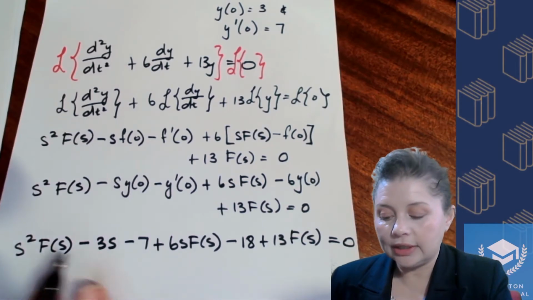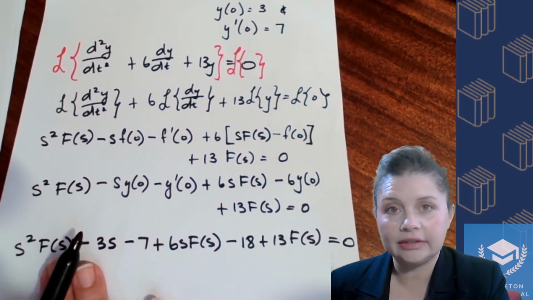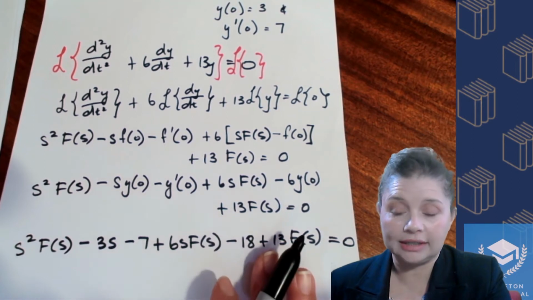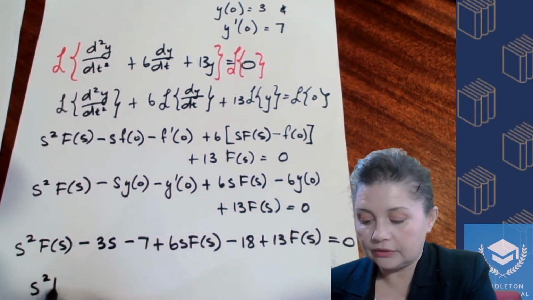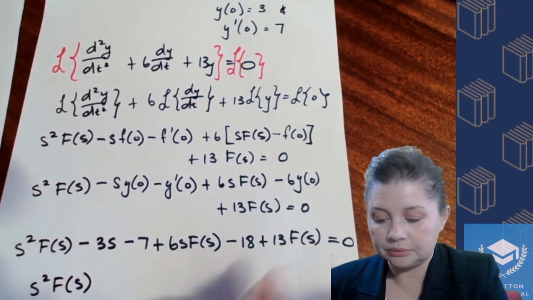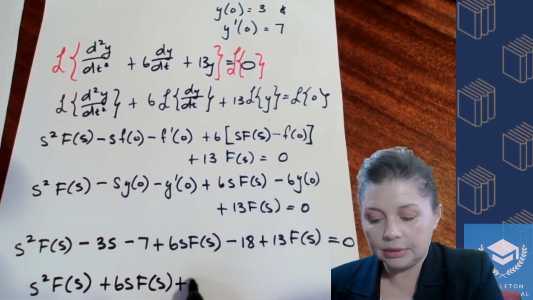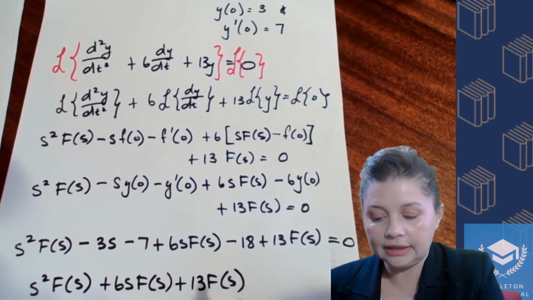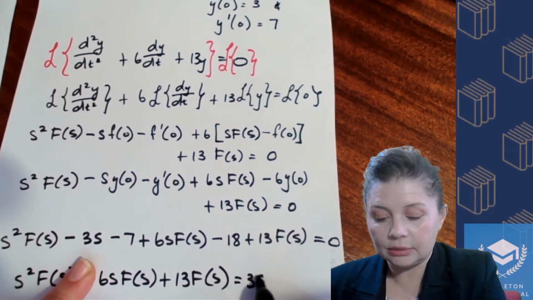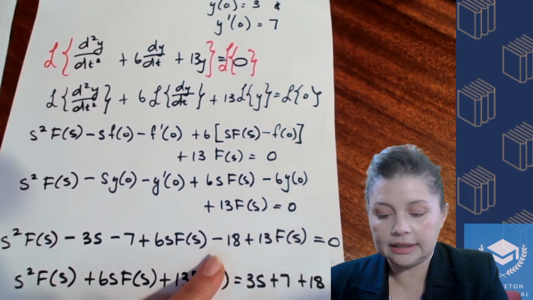Right? So now we want an expression for F of s. So we're going to gather all the F of s terms and leave them on our left-hand side and put all the constant values and other terms on the right-hand side. So I'm going to have s squared F of s, plus 6s F of s, plus 13 F of s, and I'm going to take minus 3s, so I'm going to have 3s plus 7 plus 18.